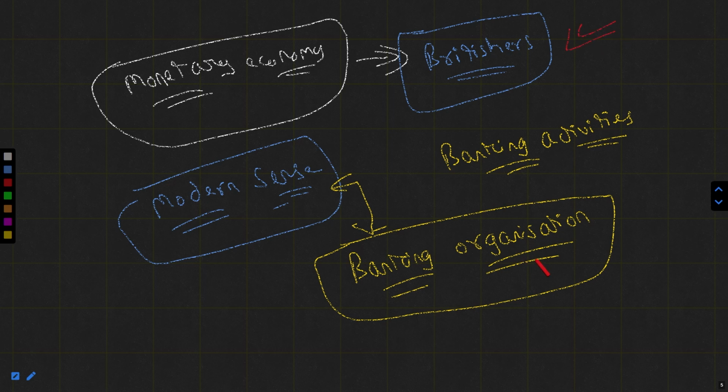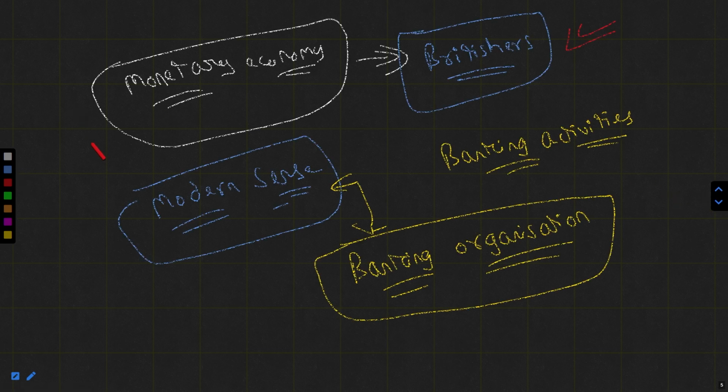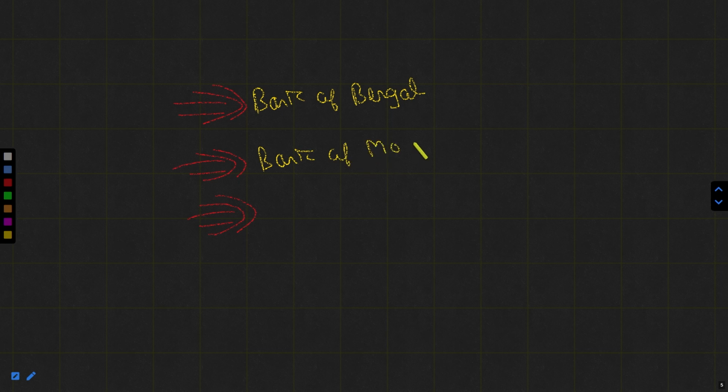The Britishers set them up, and it started with the establishment of three major banks, the presidency banks: Bank of Bengal, Bank of Bombay, and Bank of Madras.